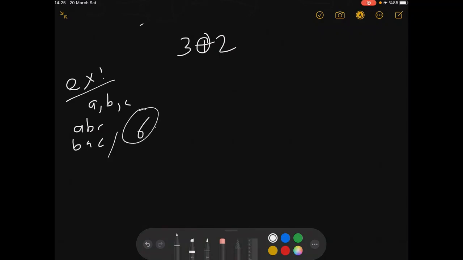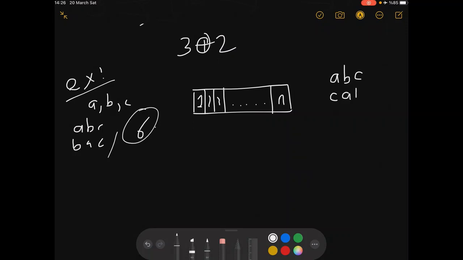You usually put their possibilities in their corresponding slots here up to n. For example, 1, 2, 3. These are your slots. And now you can remember that ordering is important here. It means that your ABC is different from CAB.